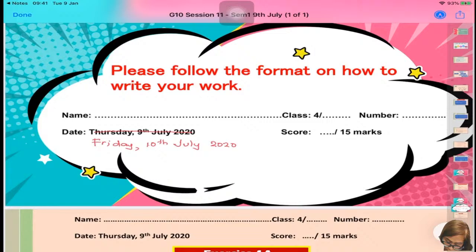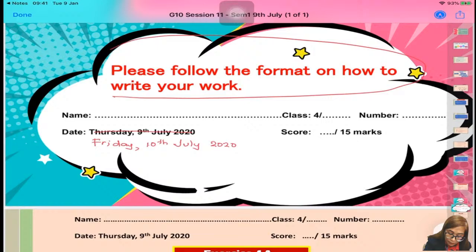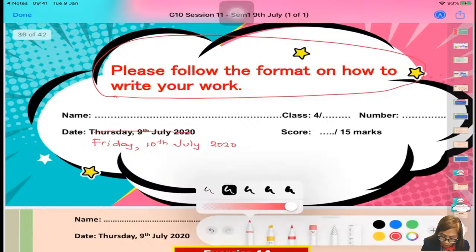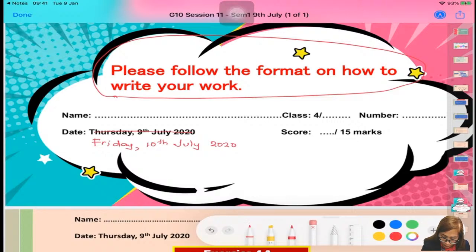You also copy the score line, because I will write your score out of 15 marks. This is the format that you will follow. You will write this on A4 paper or student's line paper and submit to me on Monday. The class leader will submit the work on or before 8:30 on Monday.